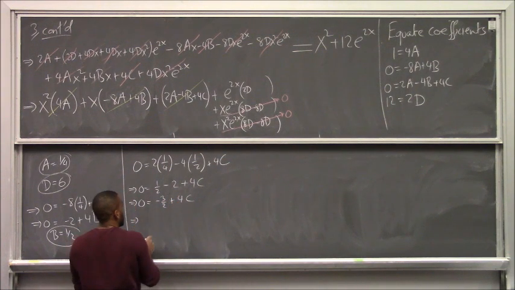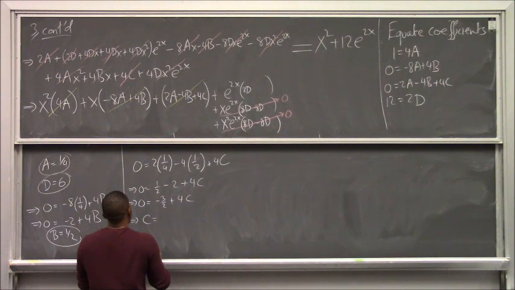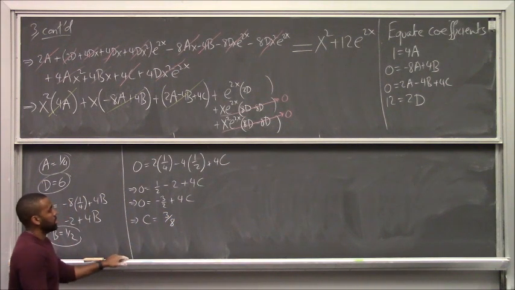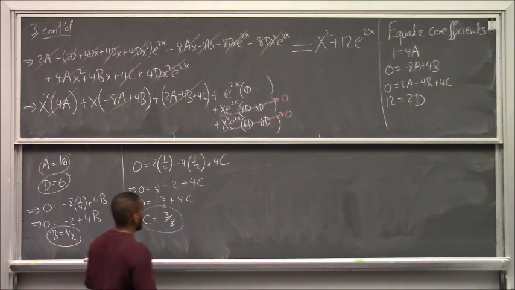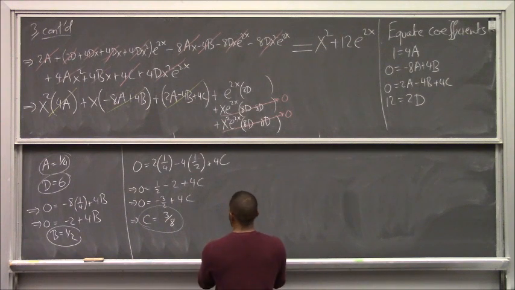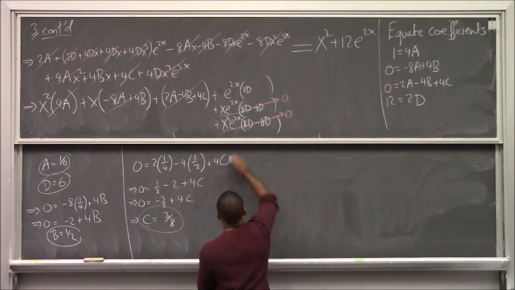So this means that c is equal to 3 over 8. Right? So those are all my coefficients. So now I actually found the actual coefficients for y.